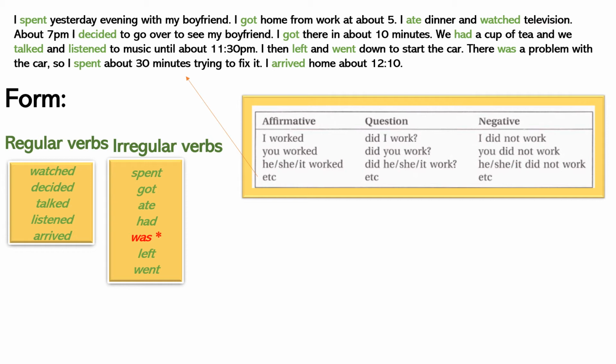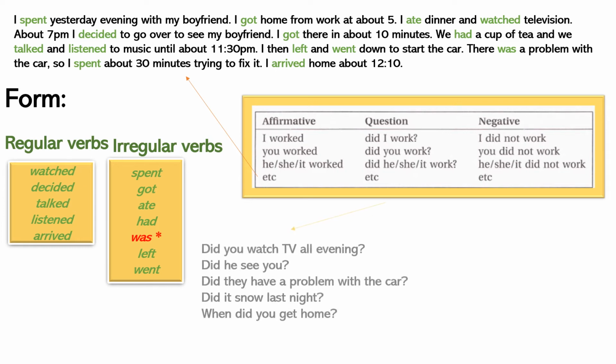I worked, you worked, he, she, it worked. I spent yesterday evening. I got home. I ate dinner. We had a cup of tea. We talked and listened to music.